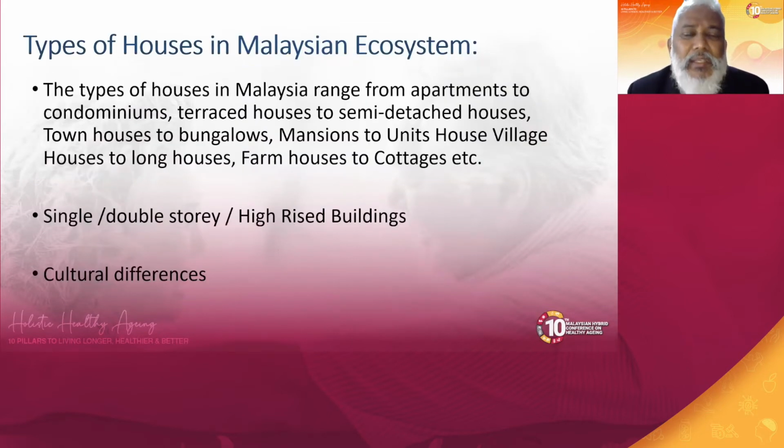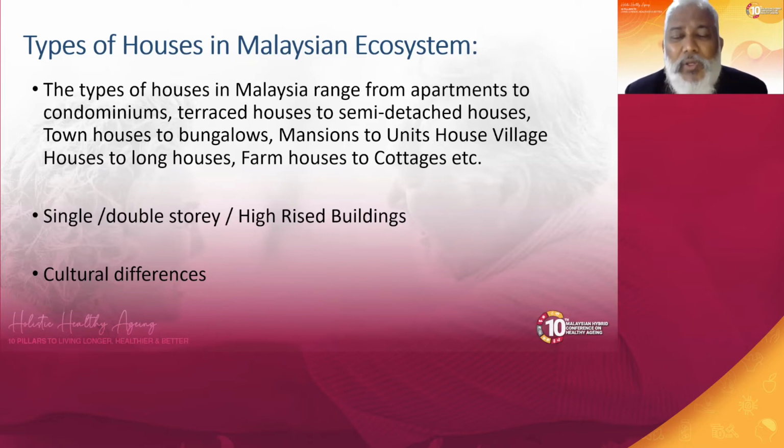And in the scenario of the Malaysian system, we also have a range of houses which varies from apartments to condominiums, terrace houses to semi-detached houses, townhouses to bungalows, pension or unit houses, villas or farmhouses. Yeah, and some cottages. And they can be either single story, double story, or high rise buildings.